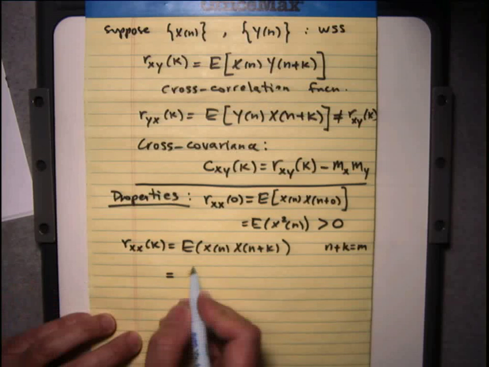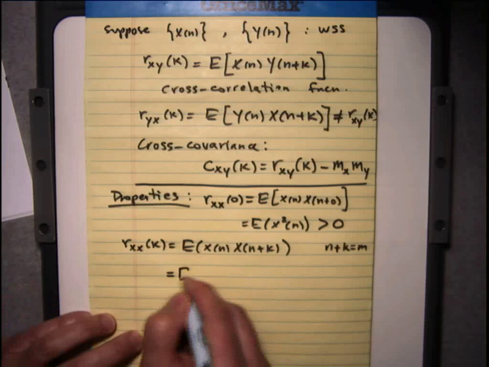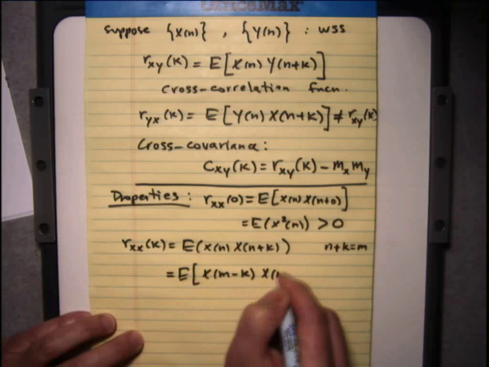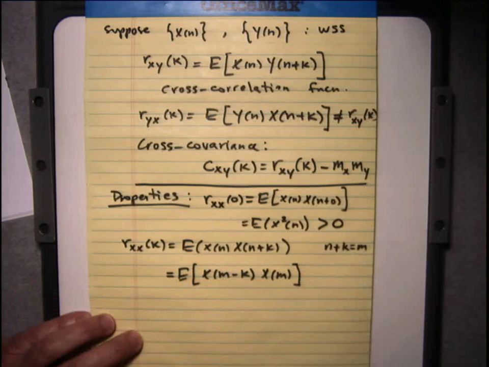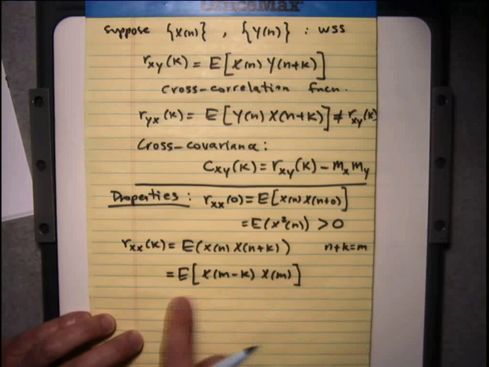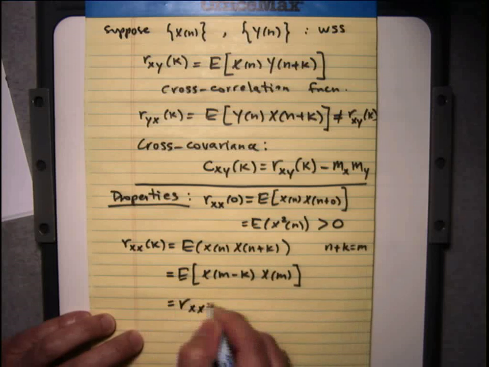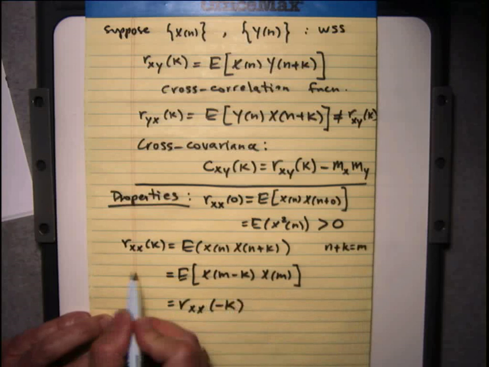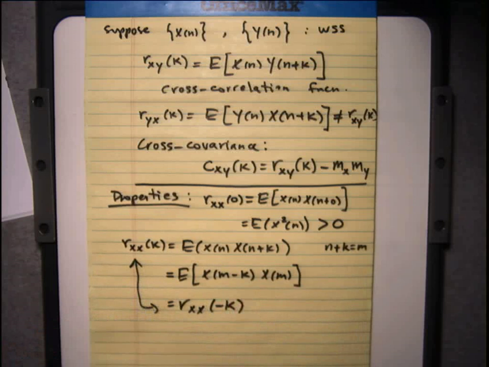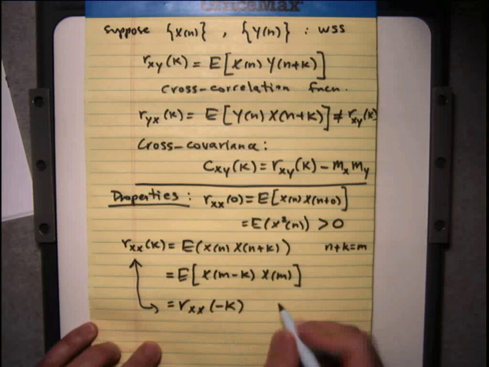Then this becomes the expected value of x of m minus k, x of m. Now if you look at this, this is simply a different way of writing the same thing. This is just Rxx of minus k. Okay? So if you look at these two, what that shows you is that the autocorrelation function has to be symmetric.